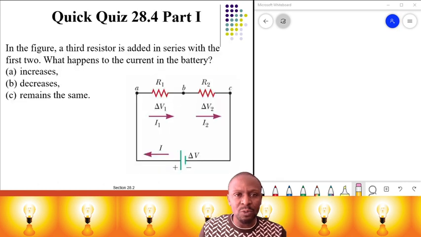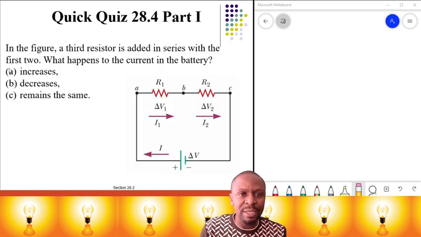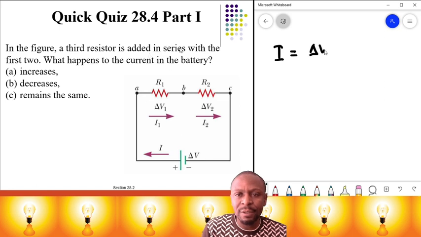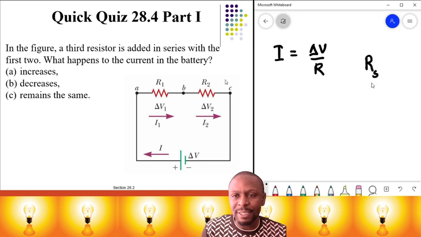Right, let us also do the following quick quiz. In the figure, a third resistor is added in series with the first two. What happens to the current in the battery? You remember the current is just given as change in V divided by R. But when resistors are connected in series, it means that the resistance becomes high. Now if the resistance becomes high, the current will become low.